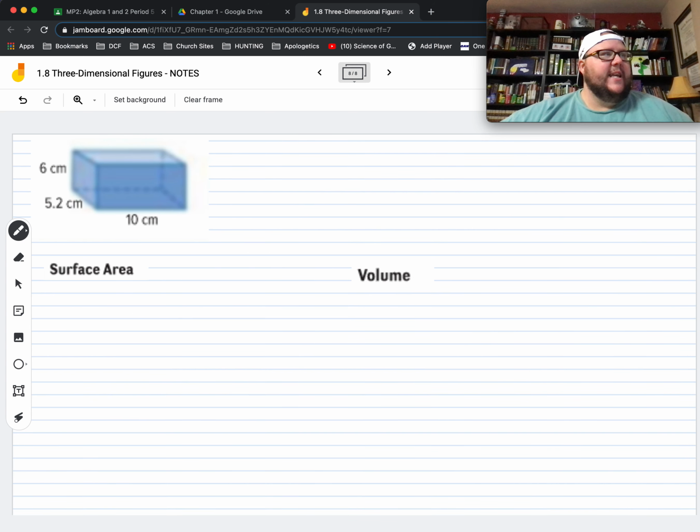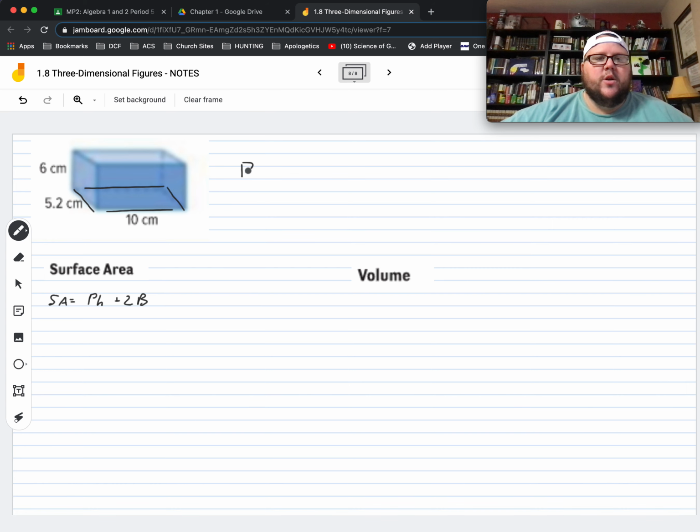And then we'll do our last one. So this one is a prism. So surface area equals the perimeter of the base times the height plus 2 times the area of the base. So perimeter of the base, we have 5.2 plus 10 plus 5.2 plus 10, right?